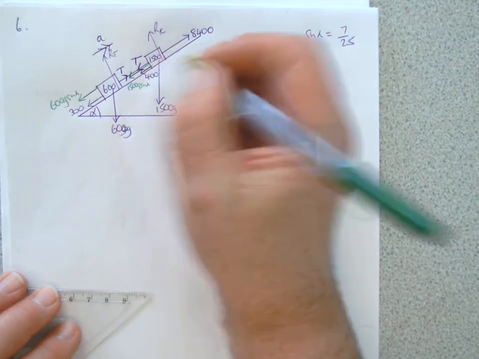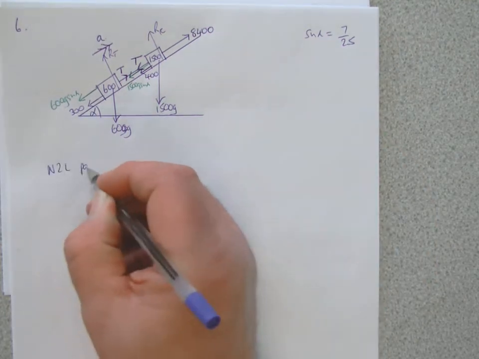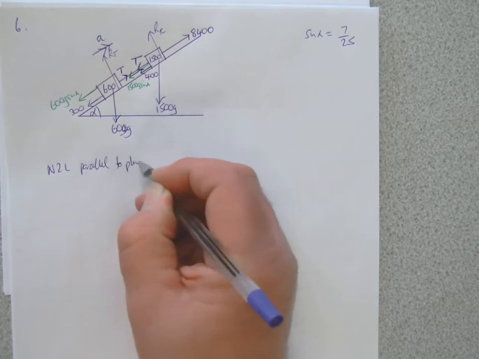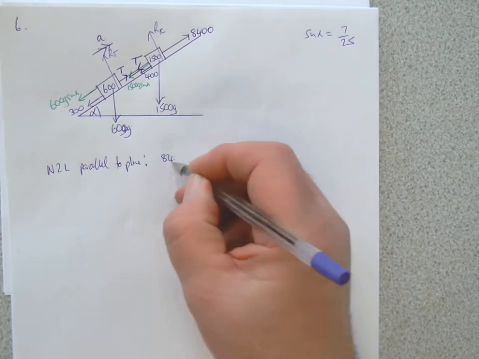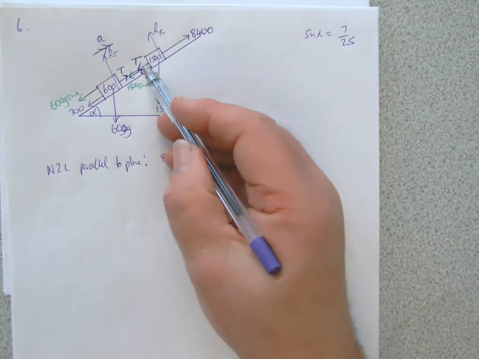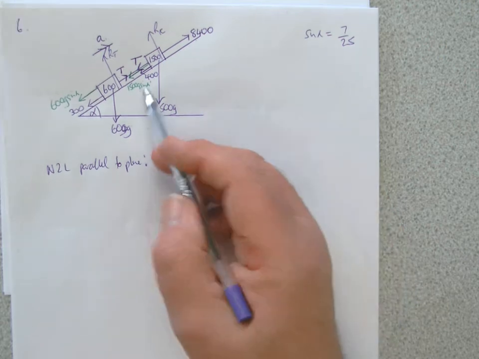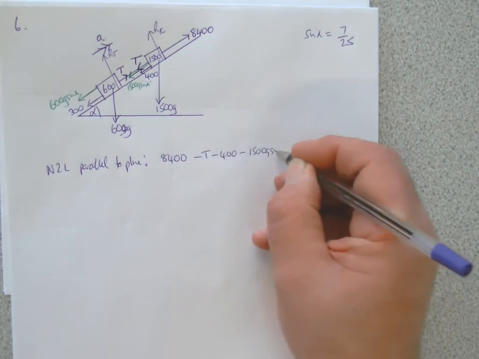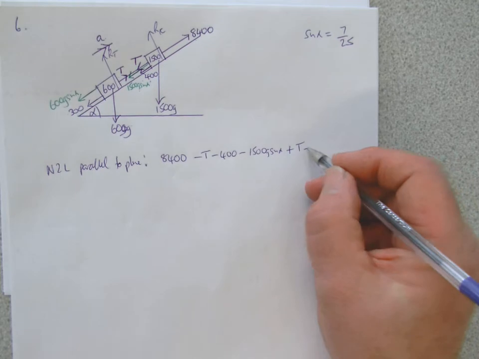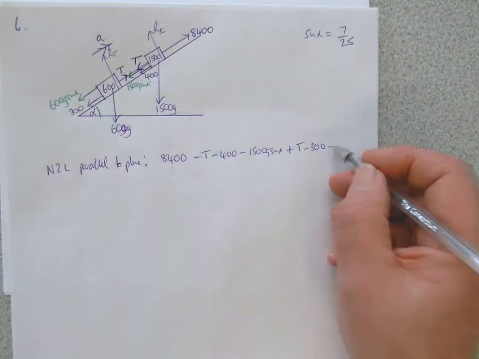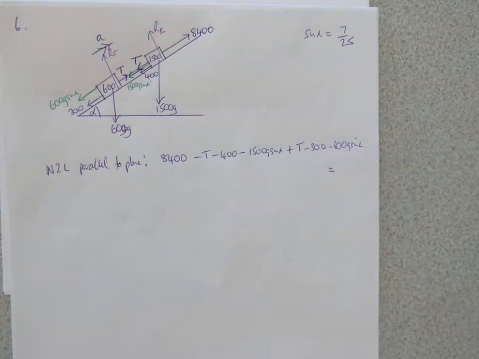1,500G sine alpha there. Okay, so when I apply Newton's second law parallel to the plane, going upwards, 8,400, I work my way down the diagram, 8,400 minus T, minus 400, minus 1,500G sine alpha, plus T, minus 300, minus 600G sine alpha, and that equals mass times acceleration.